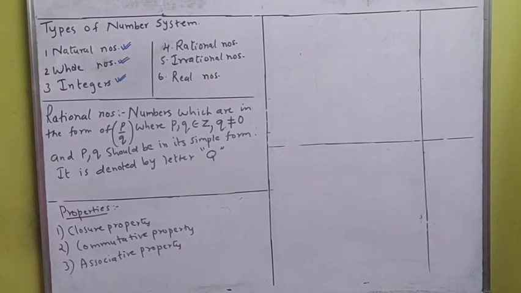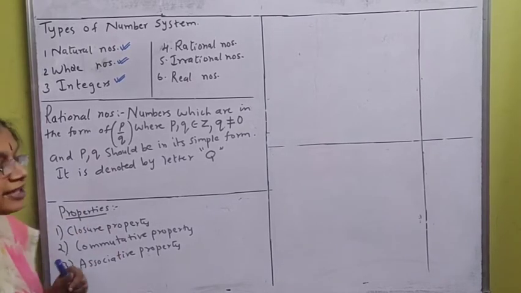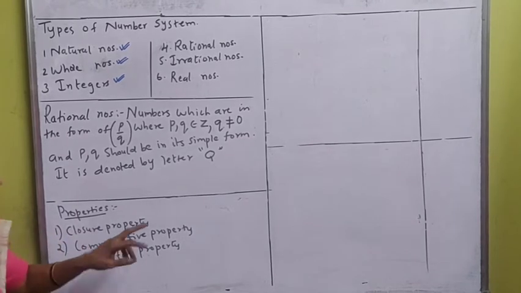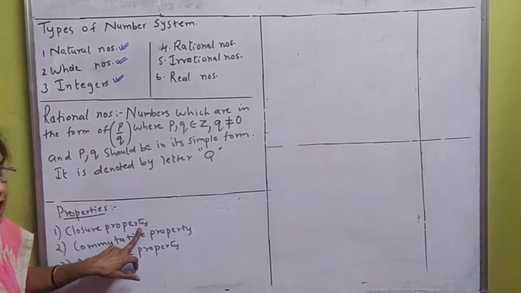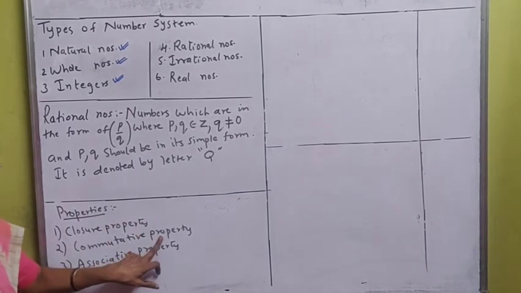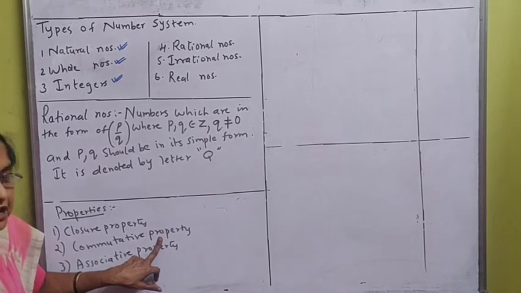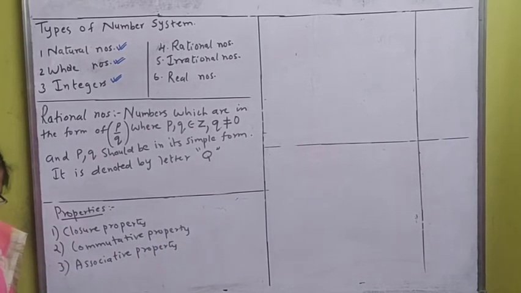For all these 3 properties, we have to check the 4 fundamental operations. Closure property for addition, subtraction, multiplication and division. Commutative property for addition, subtraction, multiplication and division. Associative property for addition, subtraction, multiplication and division.